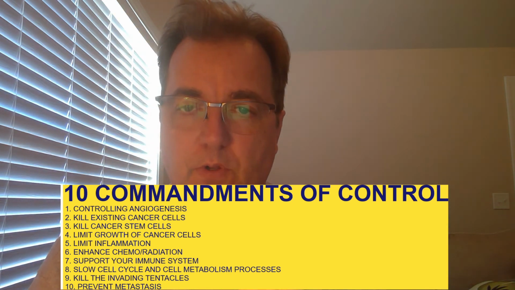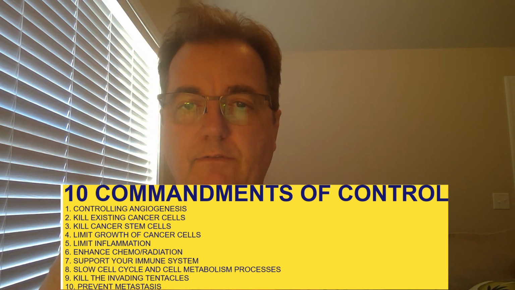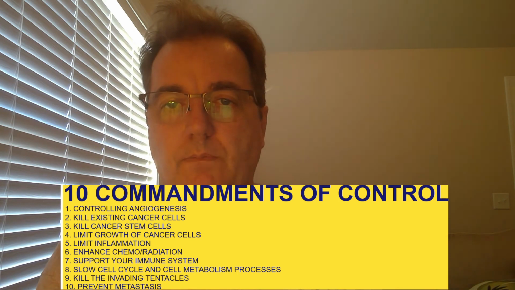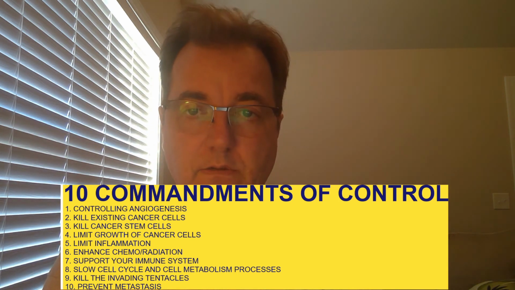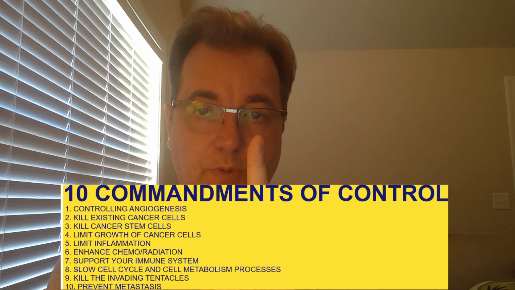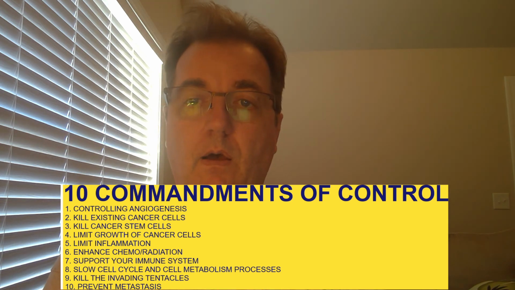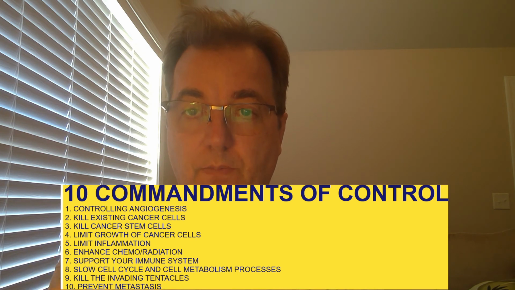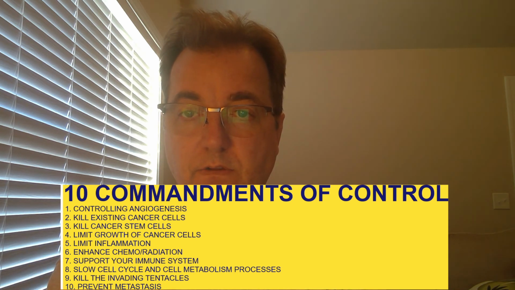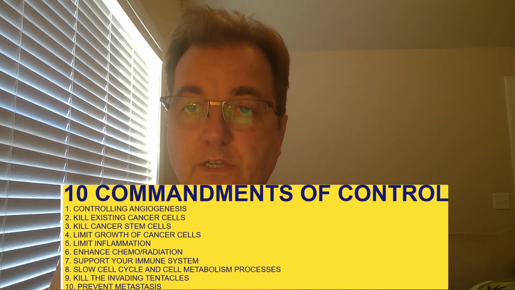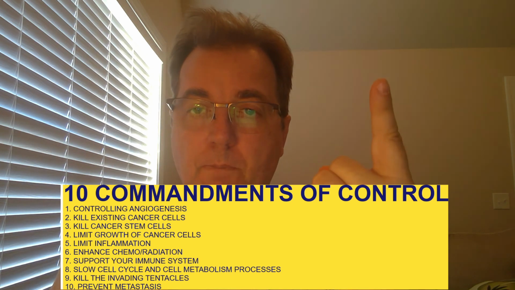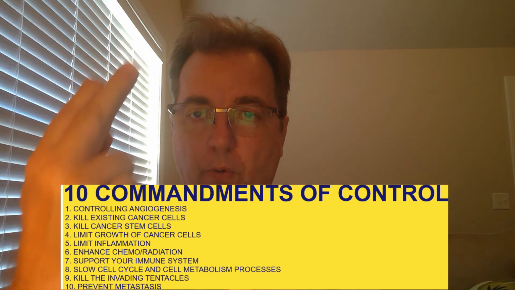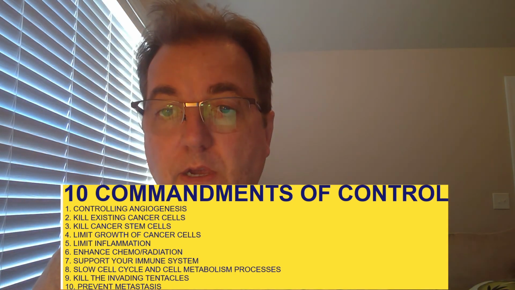Perfect example of this. If you have a lawn in your backyard, grass, you have one weed. This weed is your tumor. What's going on below the surface is the root system is invading through the soil. And what happens if you leave this unchecked? Boom, boom, boom, boom. Weeds start popping up everywhere.